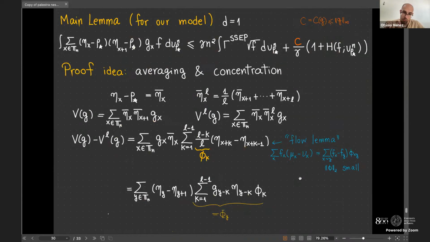You can take your point mass and carry it into a different measure, an average, by throwing mass around. And if you do it in the right way, then you can write everything in terms of nearest neighbors. Once you do this, then you have something that you can bound by the Carré-Duchamp term.